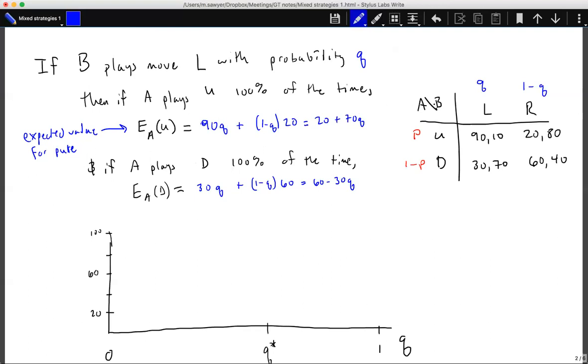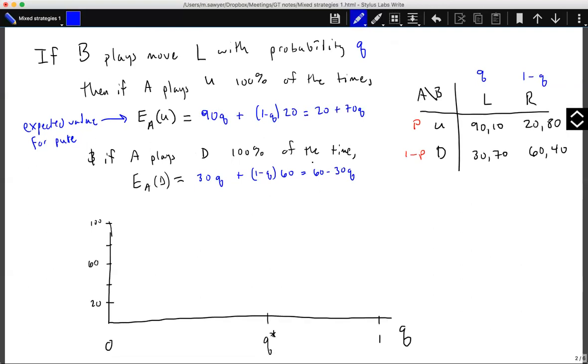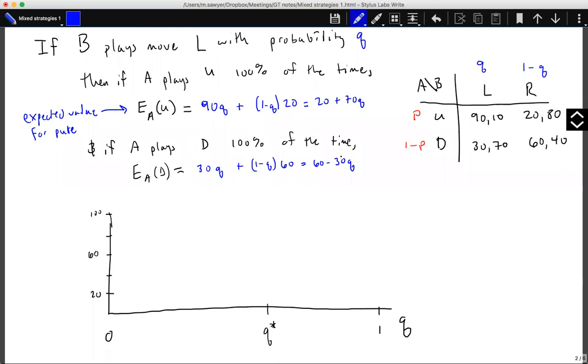So if player B chooses to play left none of the time, so Q is 0, and plays right all of the time, then player A would expect to get 20 points. And this makes sense because player B would choose to play right. So the question is where do these two lines intersect? We think of these as linear equations.